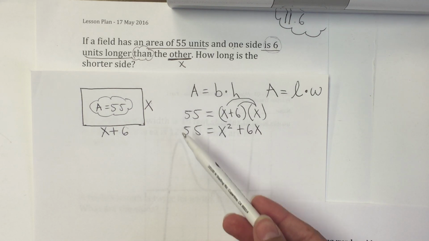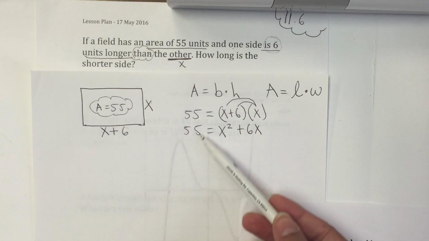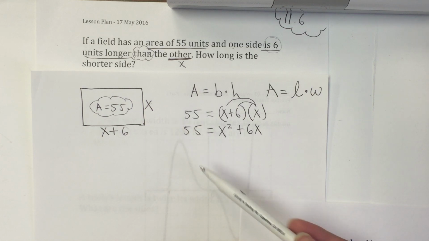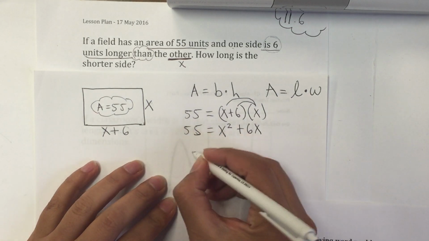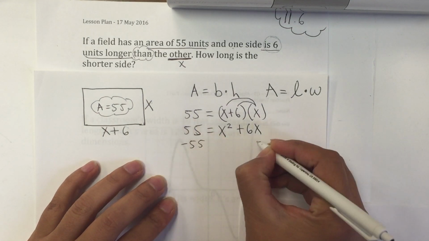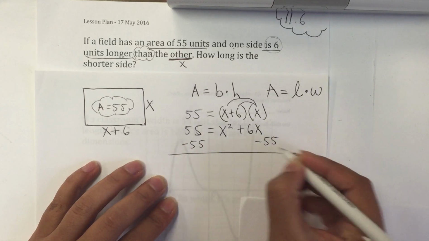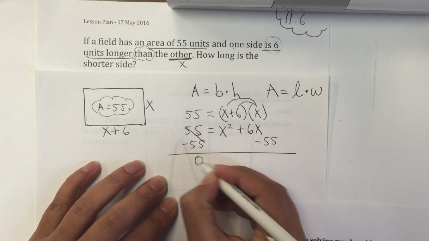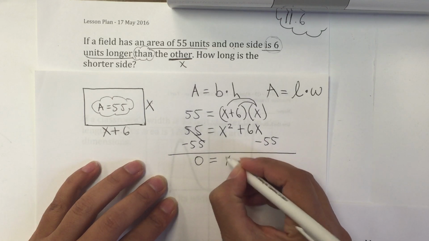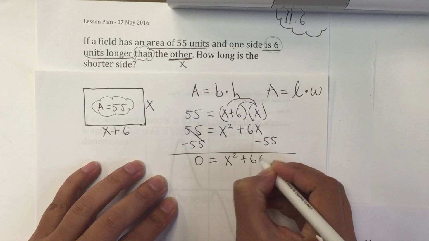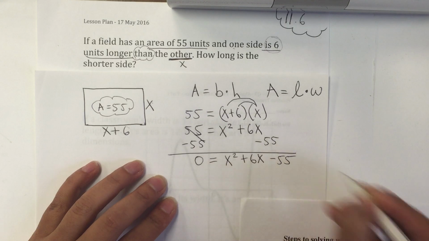But remember that to be able to solve it, this needs to be always, always, always 0. So we're going to subtract 55 from both sides. And so I get 0 on this side, and x squared plus 6x minus 55 on the other side.